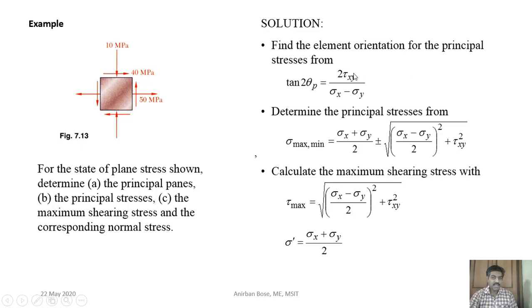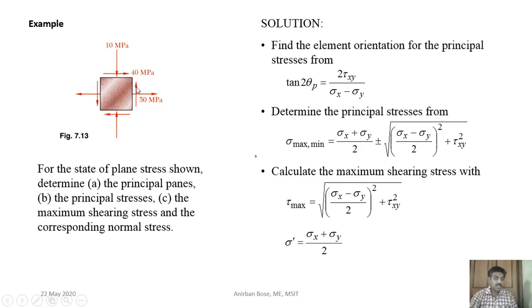Here x is the positive direction of the cross section, the positive direction of the plane. That means if this is the plane, the outward normal is considered positive, and that is the positive x direction. And this is the positive y direction, so this is the positive direction of the shear. That is why if the shear is in this direction, it is taken to be positive.